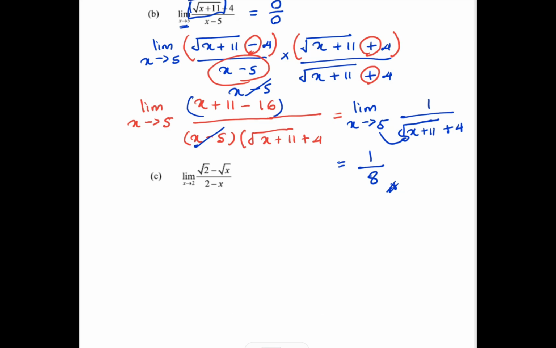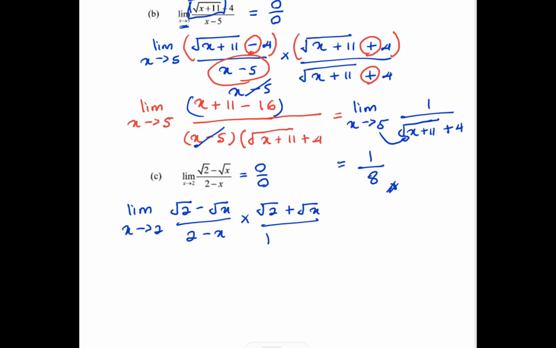Okay, for question C, limit x approaches 2 of square root 2 minus square root x divided by 2 minus x. Same thing, when we substitute directly, we get 0 divided by 0, so this is an indeterminate form. Since it involves square roots, we times by conjugate. So we get limit x approaches 2 of square root 2 minus square root x divided by 2 minus x times the conjugate, square root 2 plus square root x divided by square root 2 plus square root x.